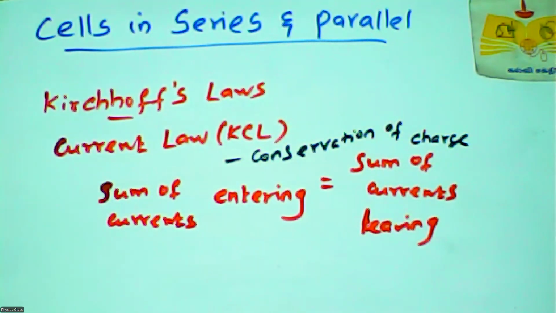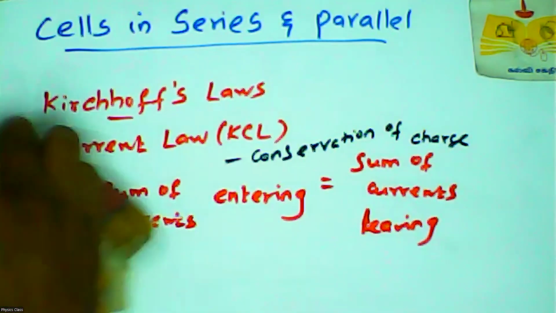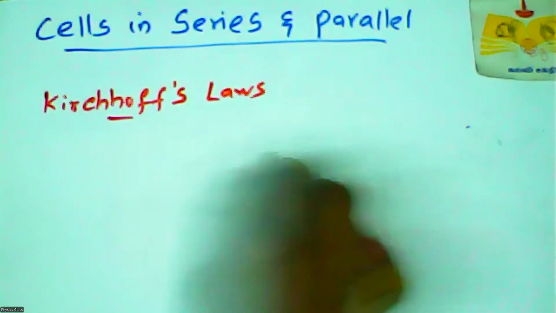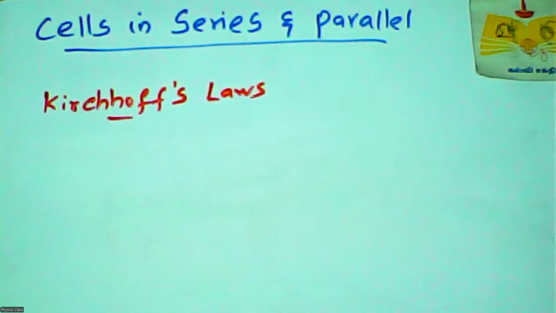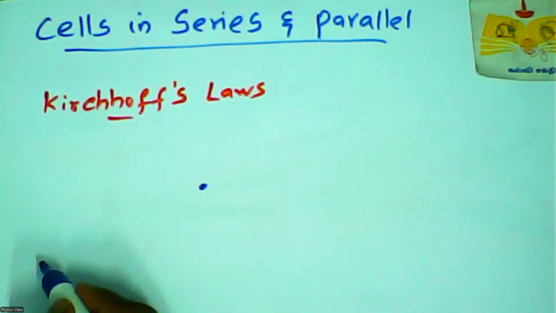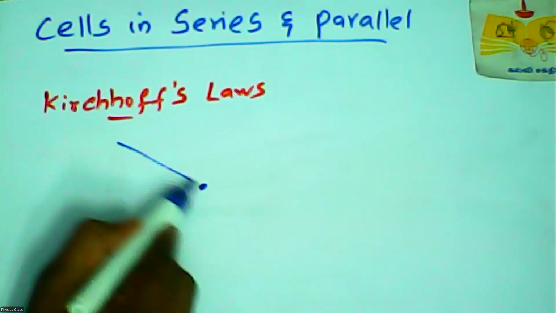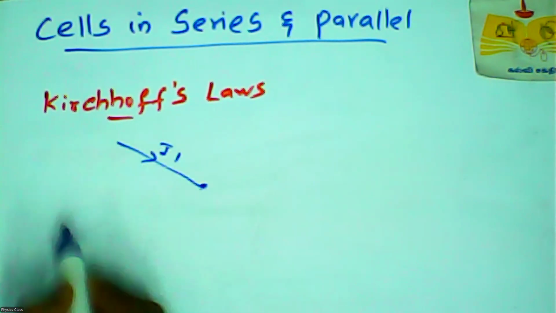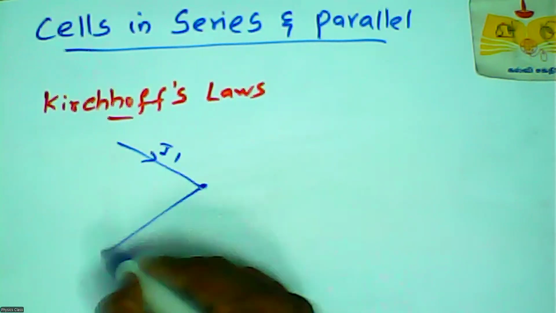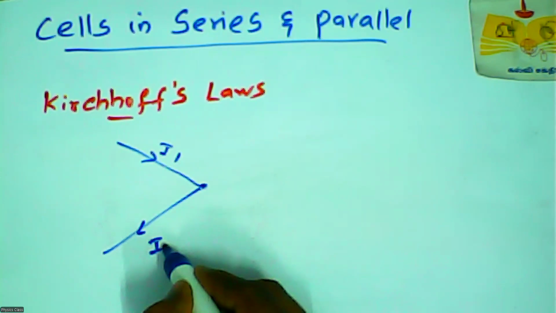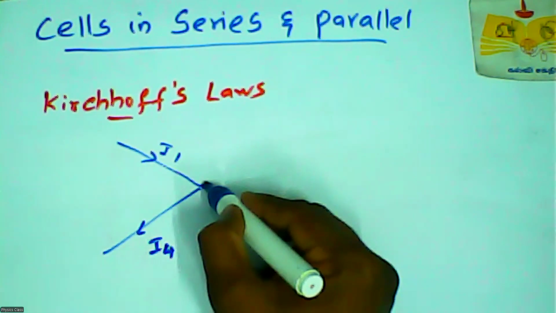So for this question, we can imagine one circuit, for example. So this is a junction. Here one current comes, I1. Here one current goes away from the point, so we can take I4.